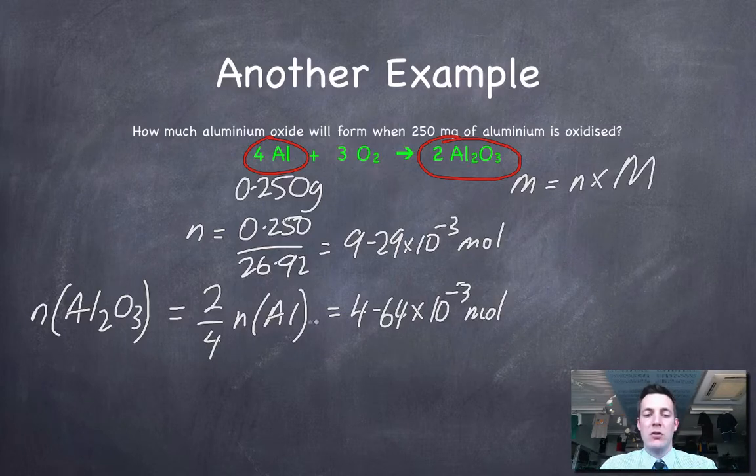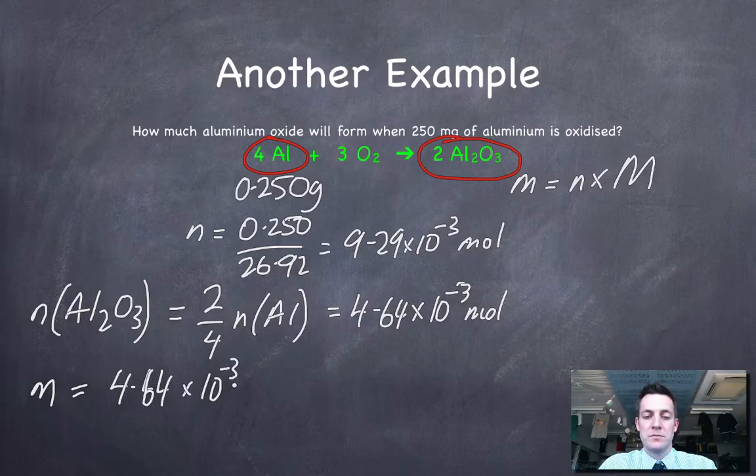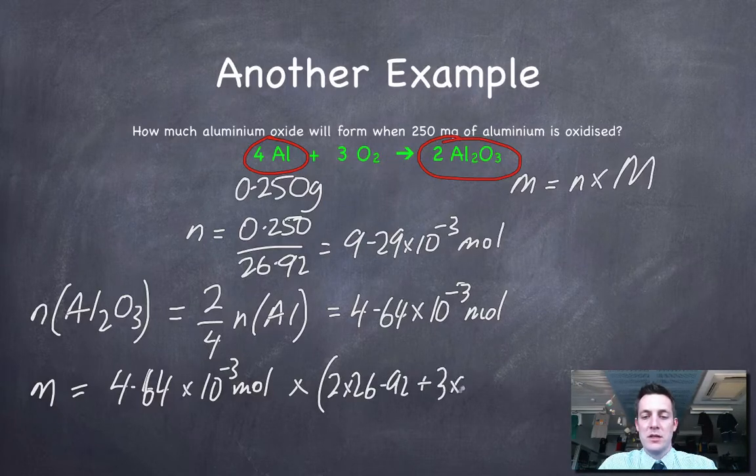Right, and now I know the number of moles of aluminium oxide, so I can multiply it by its molar mass. The mass is equal to 4.64 times 10 to the minus 3 moles multiplied by the sum of all these atomic masses, so 2 times 26.92 plus 3 times 16.